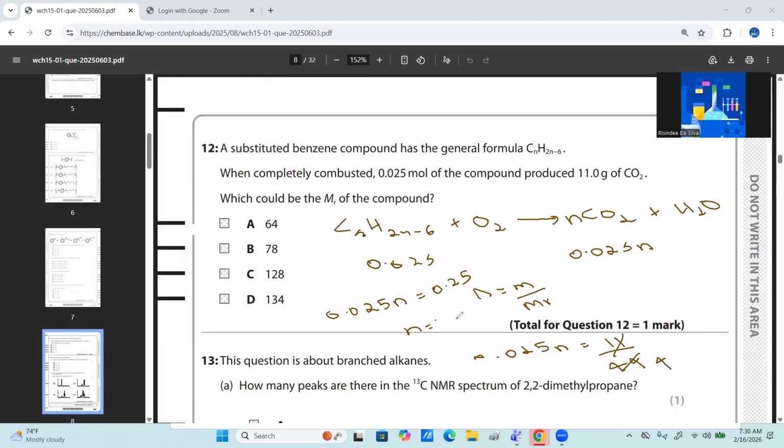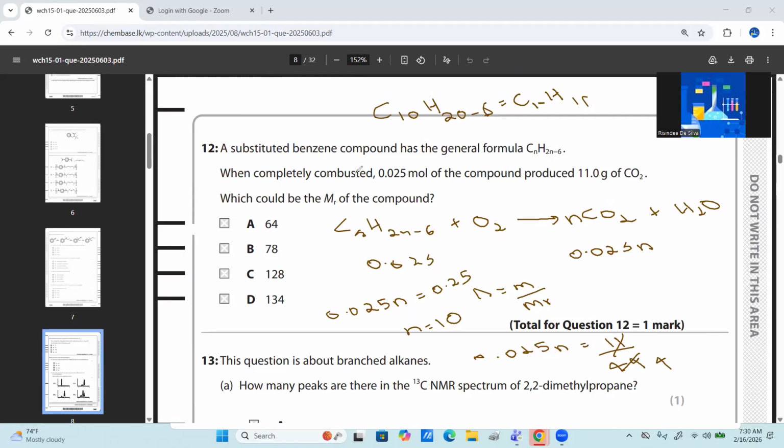That means you have to have 10 carbon atoms. So n is 10. So it should be C10H20-6, that is C10H14. So 10 into 12 is 120 plus 14 would be 134.